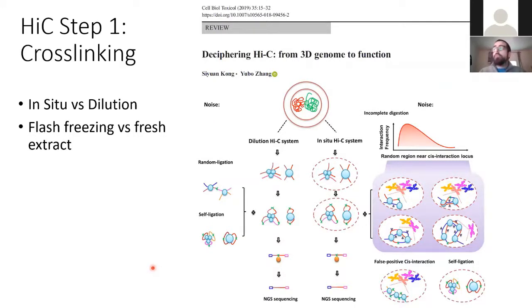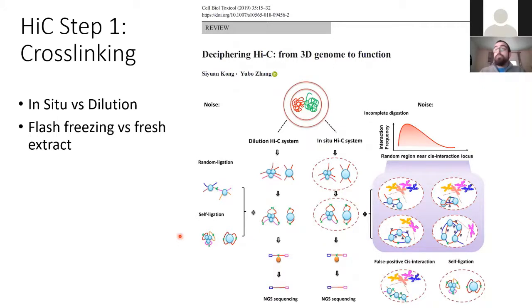So now almost everybody does it in situ, where your DNA is still in the nucleus of your cells. So it's harder for the enzymes to go in, but the nucleus is still going to provide a structure that will stop all the random ligation that could happen in the dilution Hi-C. So when you do that, it's important to make sure that the conditions you're using for lysis are good enough for the enzymes to go in.